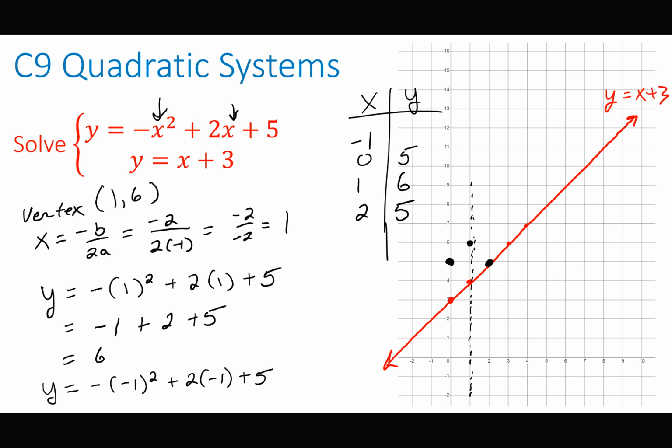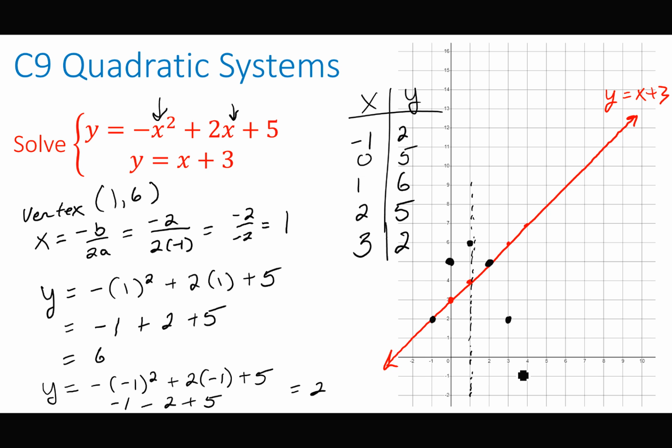Now again, negative of negative 1 squared is going to leave me with negative 1 again. But now I have minus 2 plus 5. So 5 minus 2 would get me to 3, minus another 1 would get me to 2. So negative 1, 2 is another point, but because of symmetry, I can say 3, 2 is also a point.